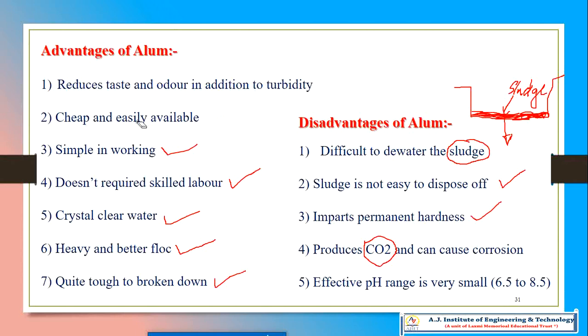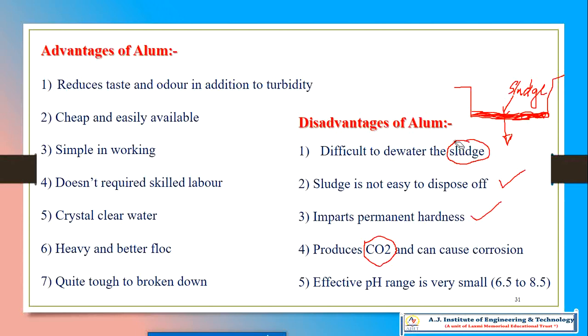It is cheap and easily available, simple and easy to work with, because handling is very easy and not very toxic. It doesn't require skilled labor, just weigh it and add it into water. Crystal clear water, heavy, better flock. If the flock is heavy, then settling will be very easy.